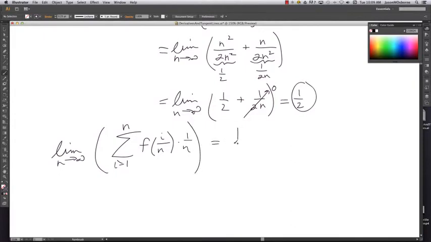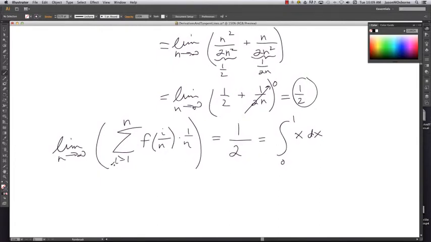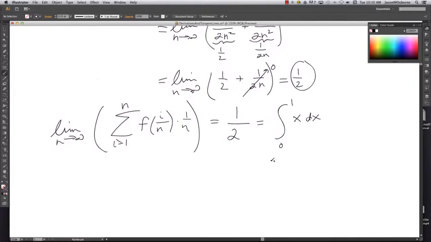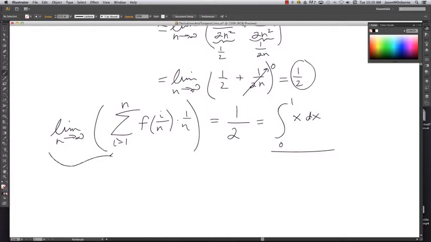We have just showed that that limit is a half, which is exactly what you would get by doing the integral from 0 to 1 of x dx. So this is how in Calc 1 and Calc 2, you started doing integration. We started by doing the Riemann sum.